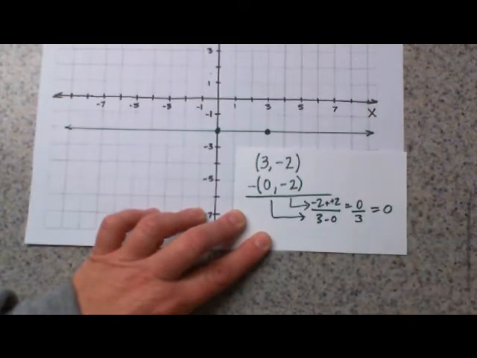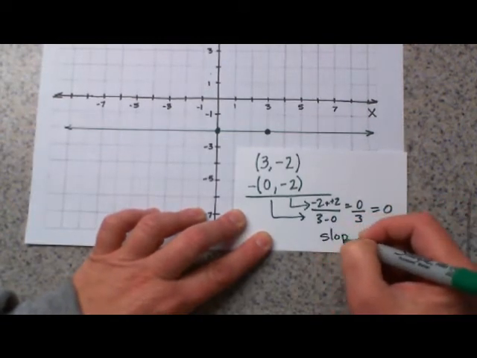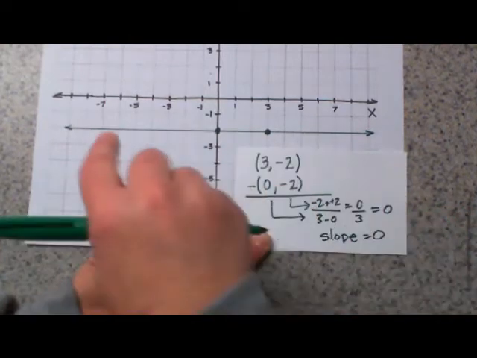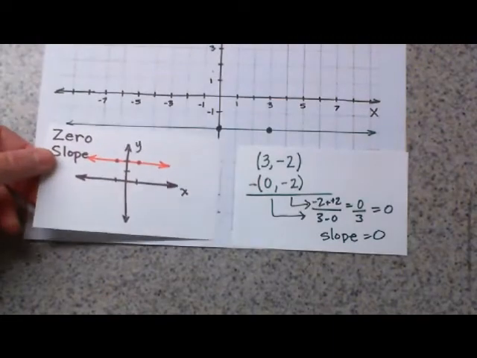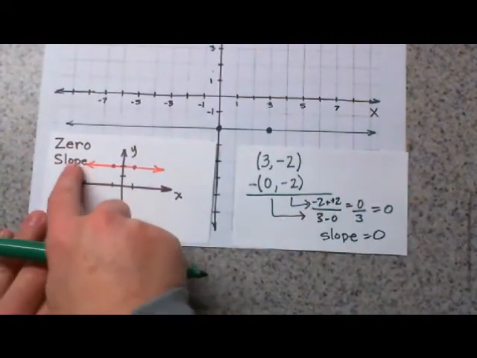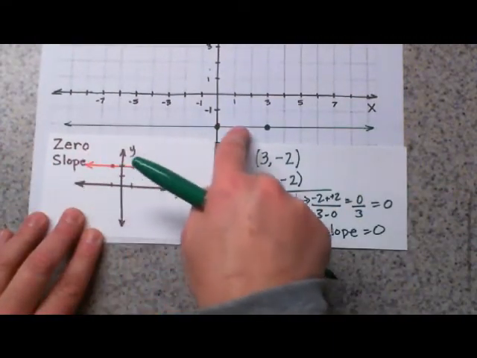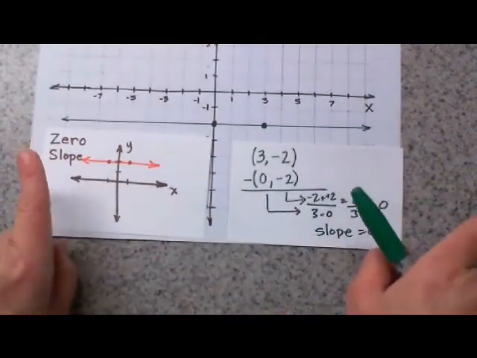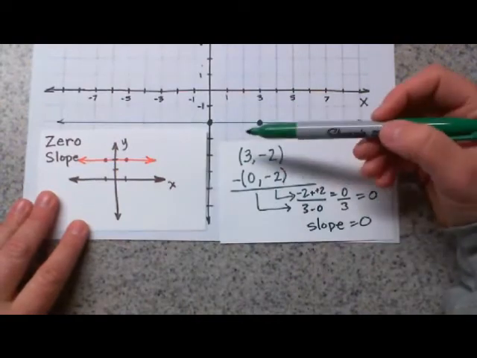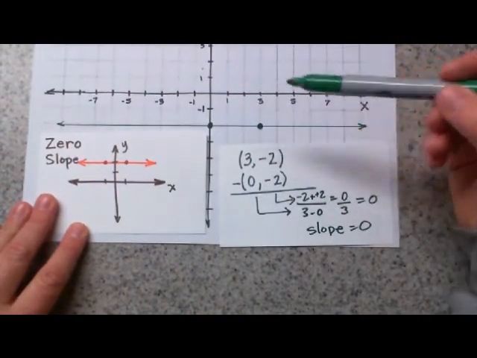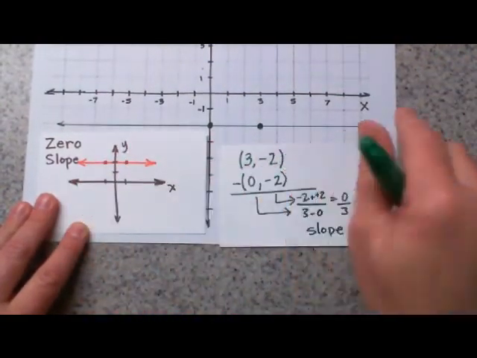Our slope is 0. The slope of this line is 0. And if you remember back the other day when we talked about special cases of lines, one of those was the 0 slope line, which is a horizontal line that extends forever in both directions. It has no change in the y direction, only change in the x direction.